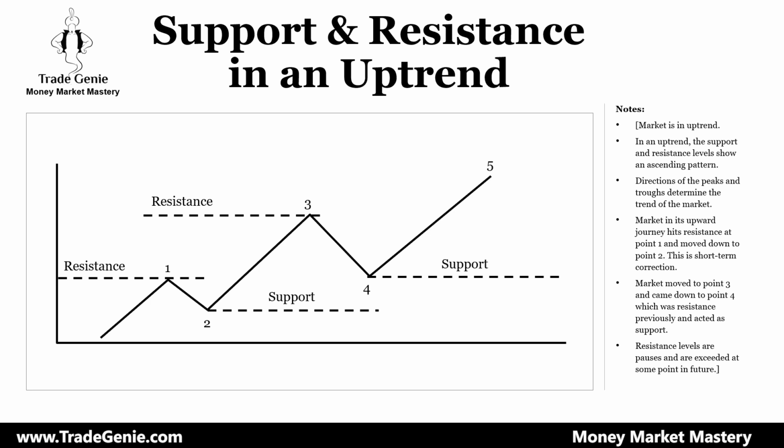So you want to know where previously the buyers and the sellers fought the battle. I'm trying to identify the region where the battle occurred between the buyers and sellers, and one party won. So who won that battle? The support and resistance is a battleground.